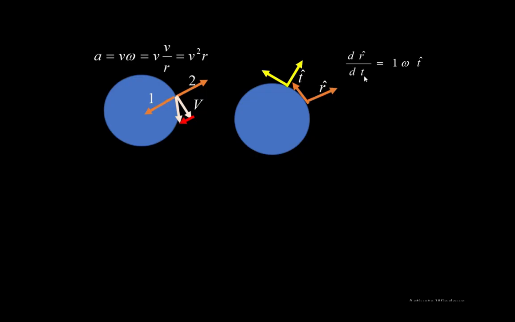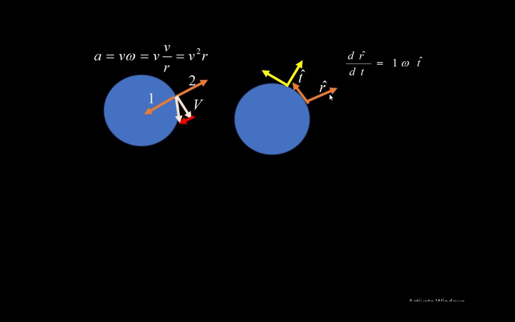So how to write d by dt of r cap? Its value is 1, as we had v before. Then we write omega, and then we have to multiply the unit vector in the direction of dr by dt.